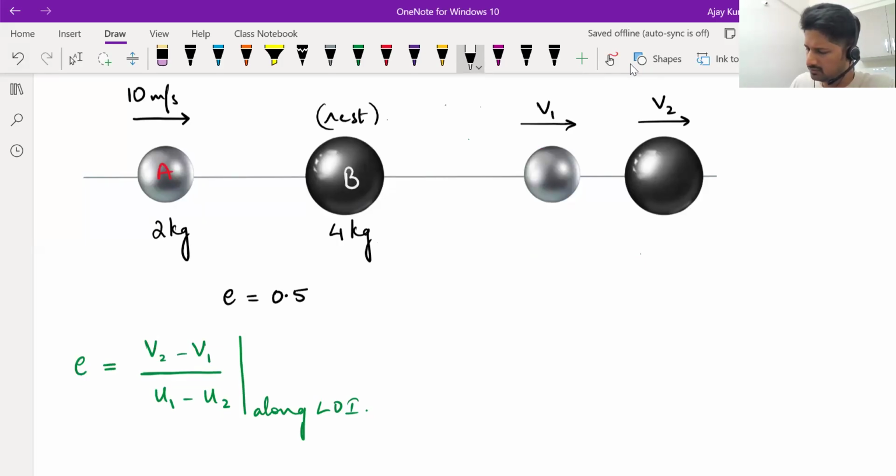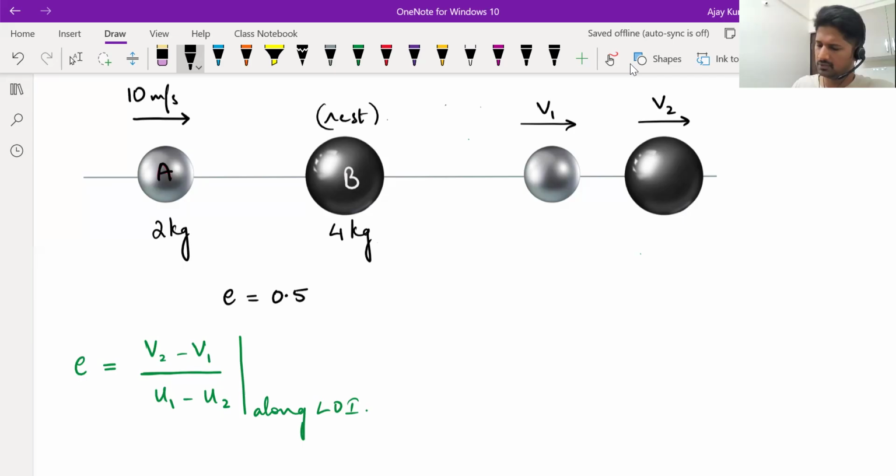Now A goes and collides with B. Definitely A should lose some velocity. Finally, what symbol are we using for A's velocity? V1. Then why are you saying V2 should be less than 10? Oh, yeah. Okay, fine.